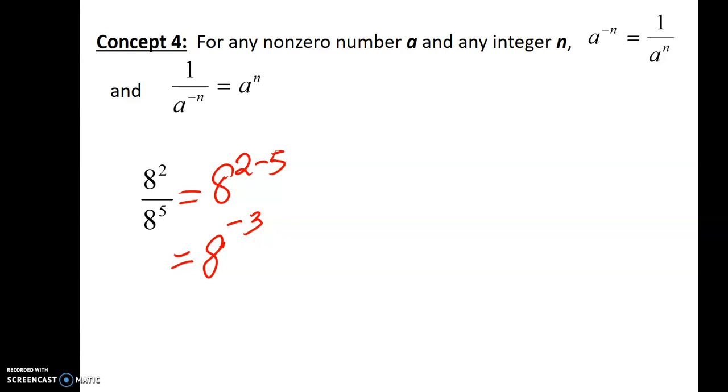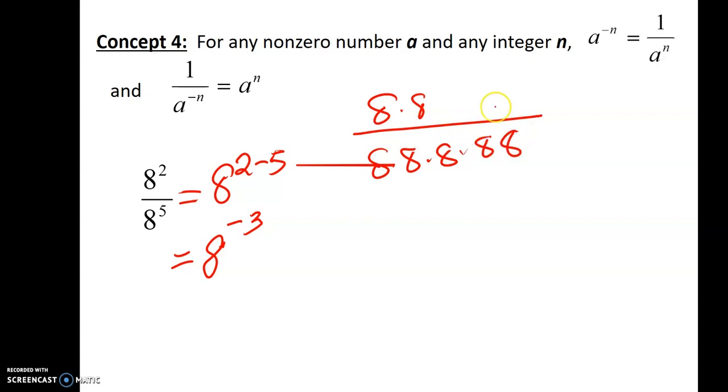So what we need to do is take a look at what's going on here and how my answer is really going to appear, and then apply that to the rules that we have. So we have, remember, longhand, 8 times 8 in the numerator, and we have 8 times 8, 5 times in the denominator. When we looked at this previously, we knew that our goal was to simplify out those things that were alike from the numerator to the denominator.